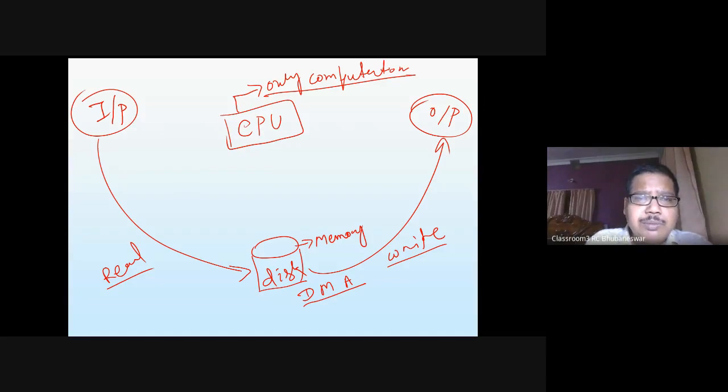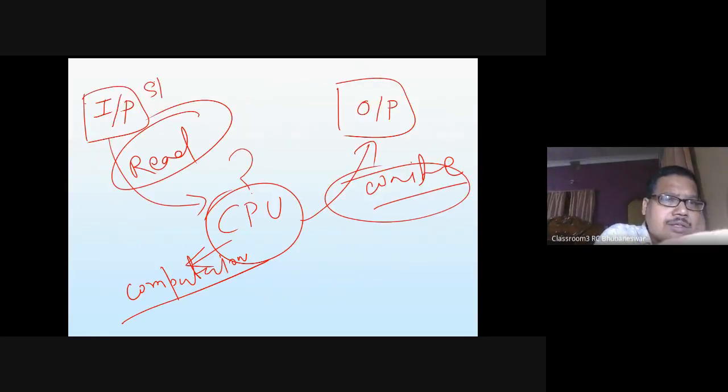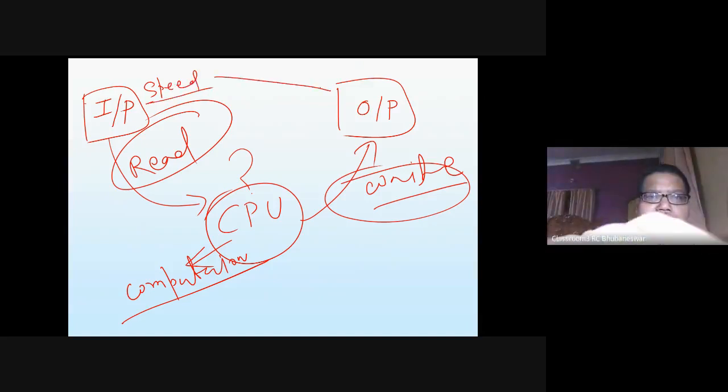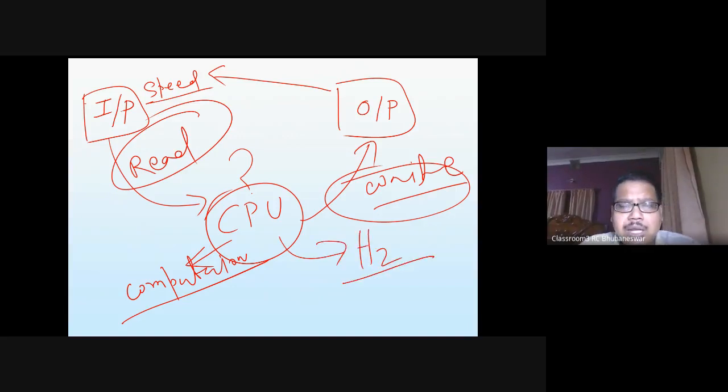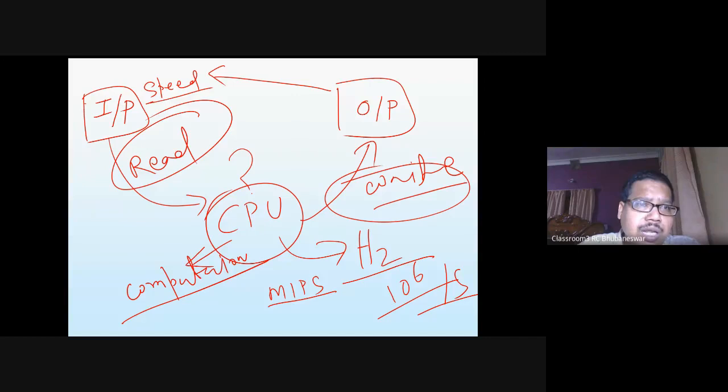And at any point of time the CPU needs data, it will not go to the input device, because if you look into the input device speed and the output device speed, the speed is very low. Compared to the CPU, which starts with megahertz or gigahertz power, a minimum of 10 to the power 6 is the demand: 1 million instructions per second, MIPS. So the input and output devices do not have that much speed to correlate with the need of the processor.